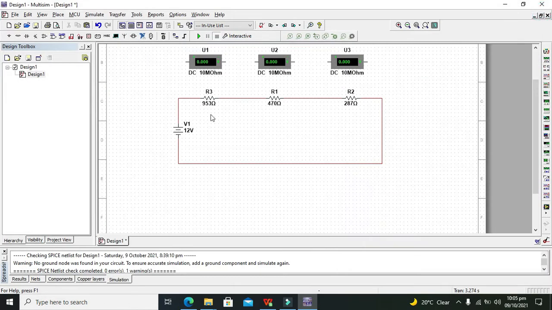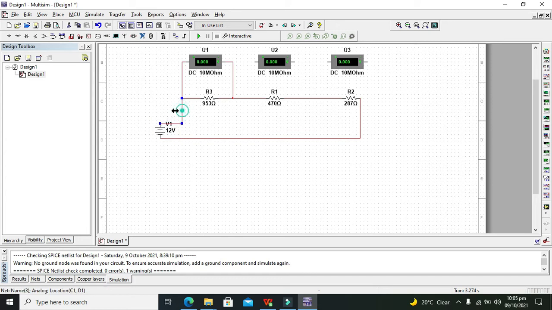Okay, and one more thing, that we have to sum the voltage drops in order to equalize it to the voltage rises within the circuit. So like this and this, you can arrange them like this.